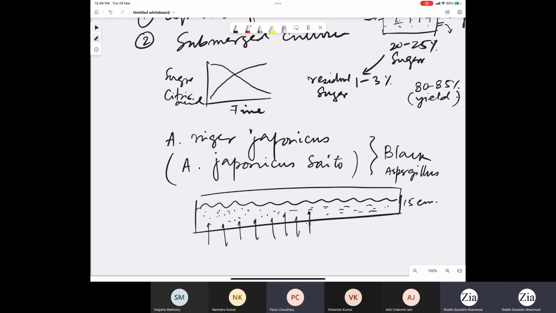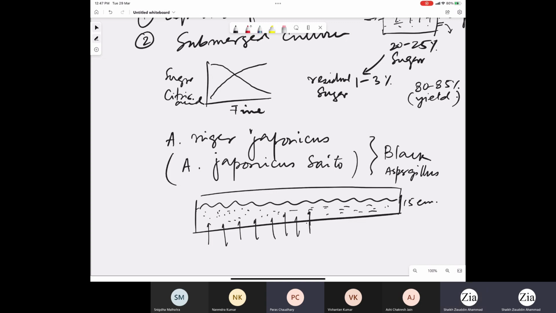And whenever it starts synthesizing citric acid, the pH will drop again. Using a buffering agent like potassium hydrogen phosphate or dipotassium hydrogen phosphate will adjust the pH in the system.